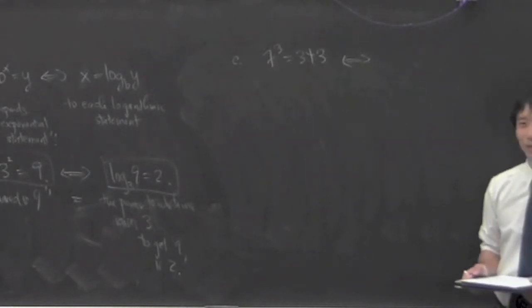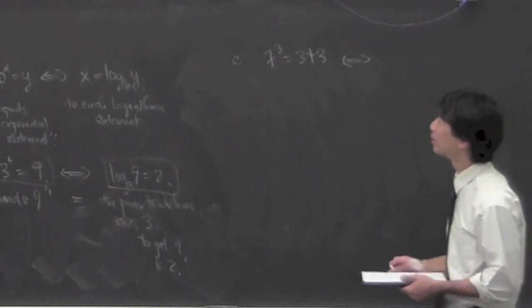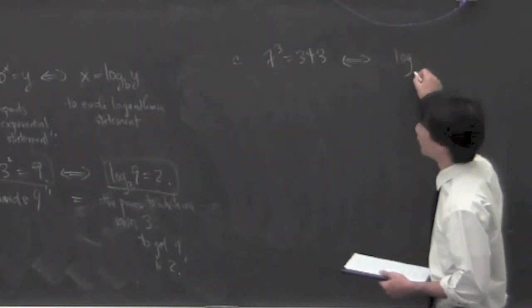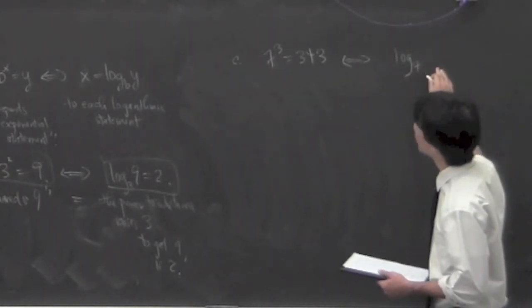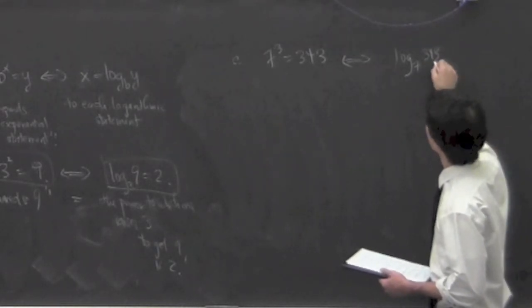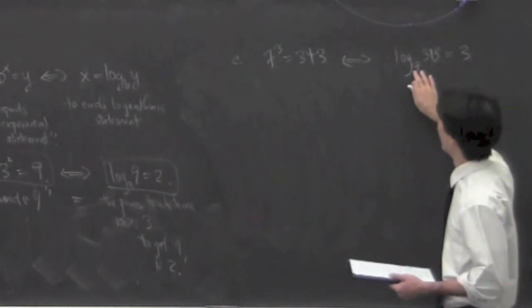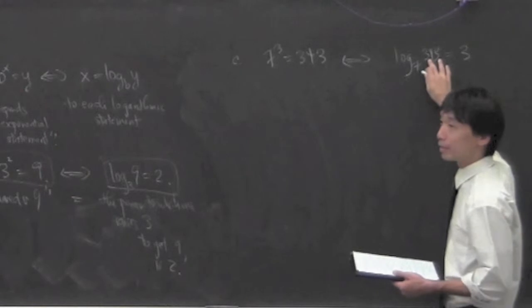I don't call on you often. Log base 7 of 343 equals 3. The power you raise 7 to, to get 343.